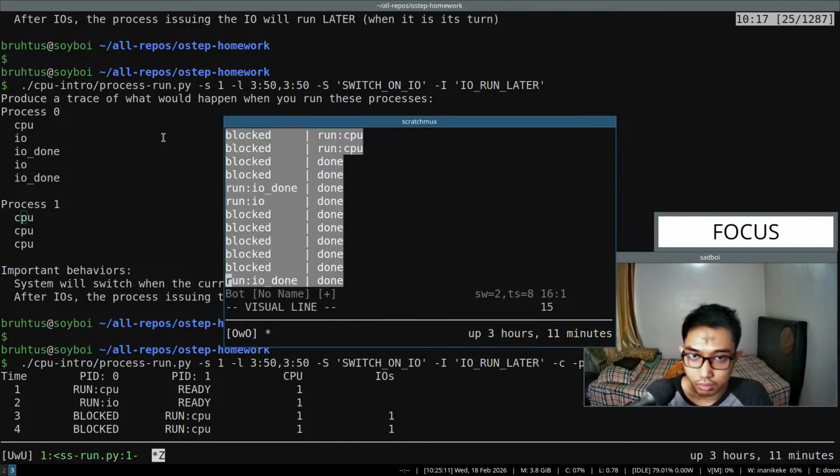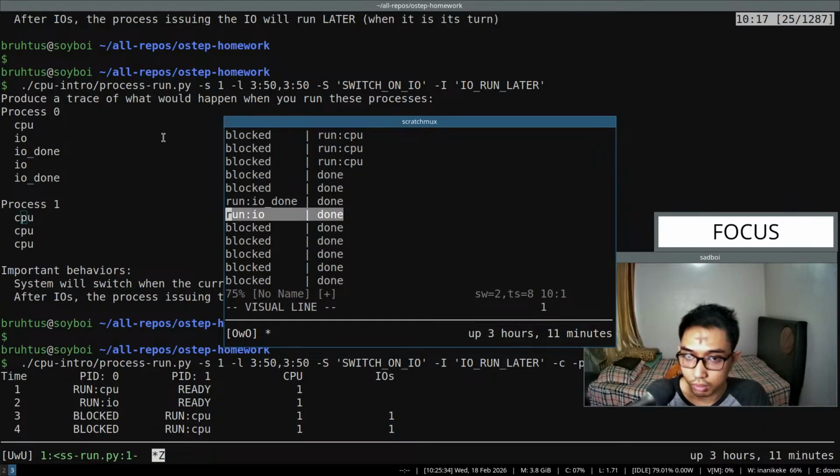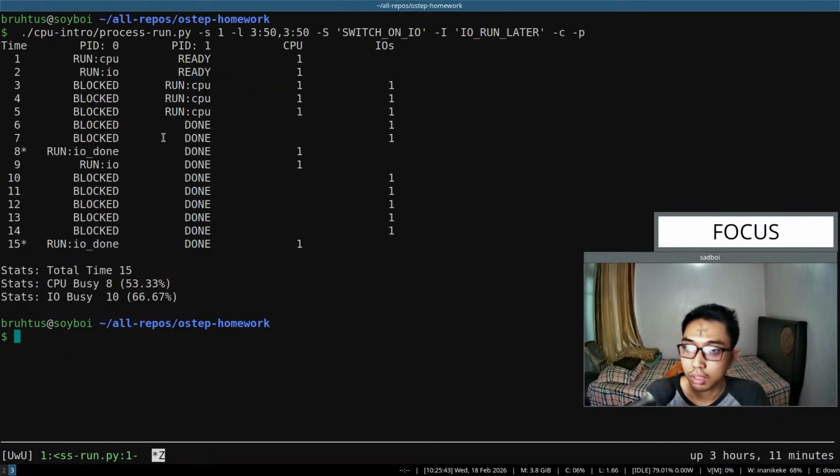Okay, let's check 15. Run CPU ready and then run IO. While blocked we finish the CPU. It is only 3 processes, right? We run the IO. Oh, sorry, this one. We run the IO, getting blocked again. Then we finish the IO. Let's compare. Okay. Run CPU. Okay, run IO.